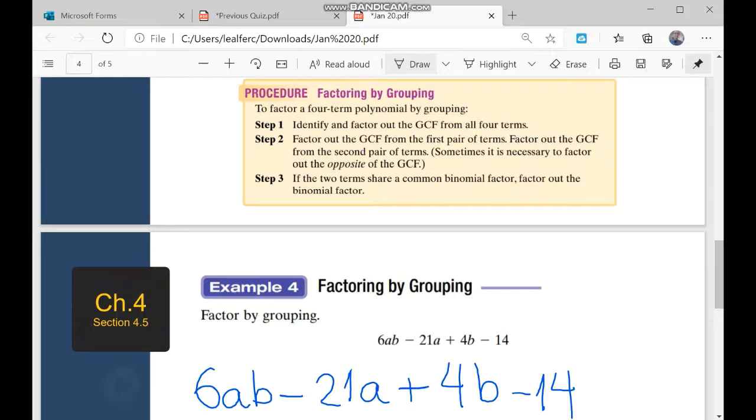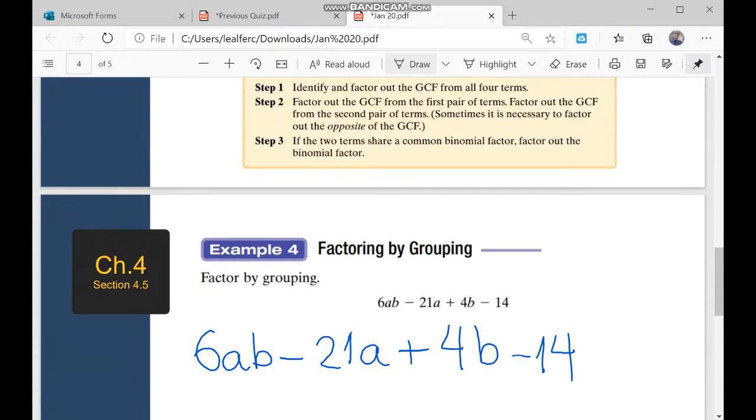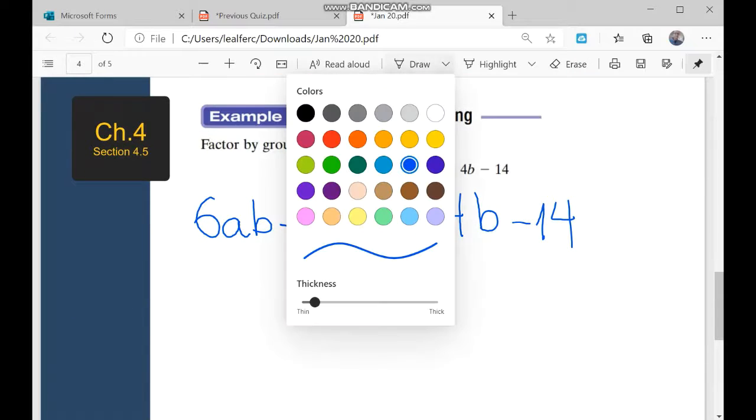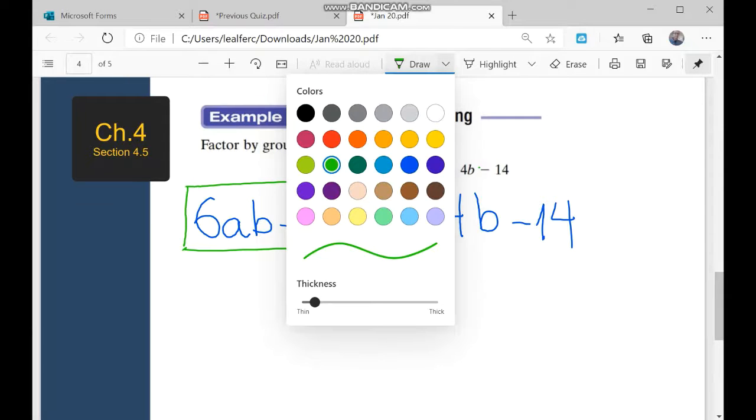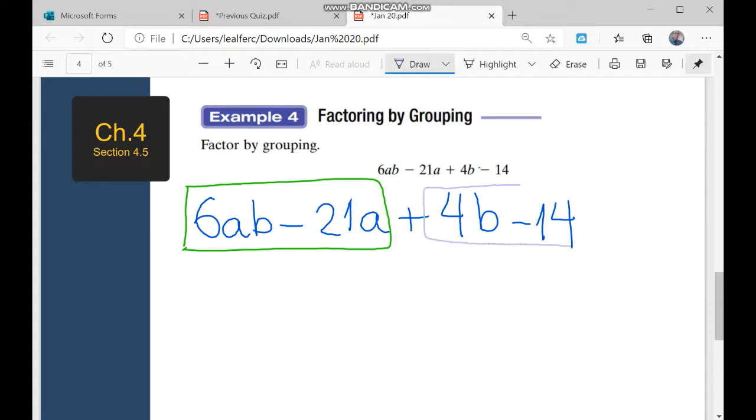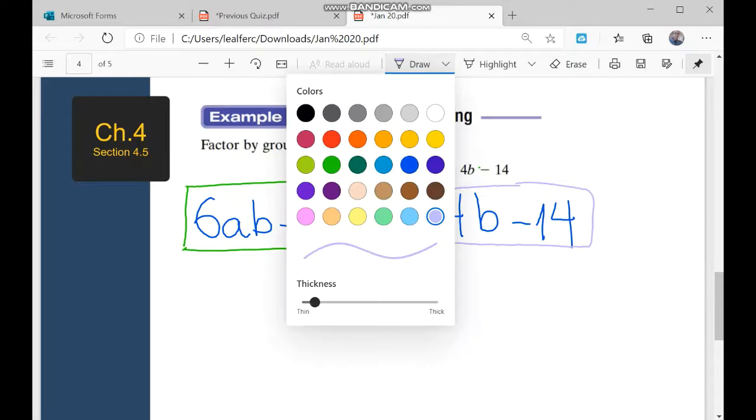Step number two, split in two pairs and find the greatest common factor of each pair. That's what you're going to do now. Split in one pair here and another pair over there. And let's find for each one the greatest common factor.